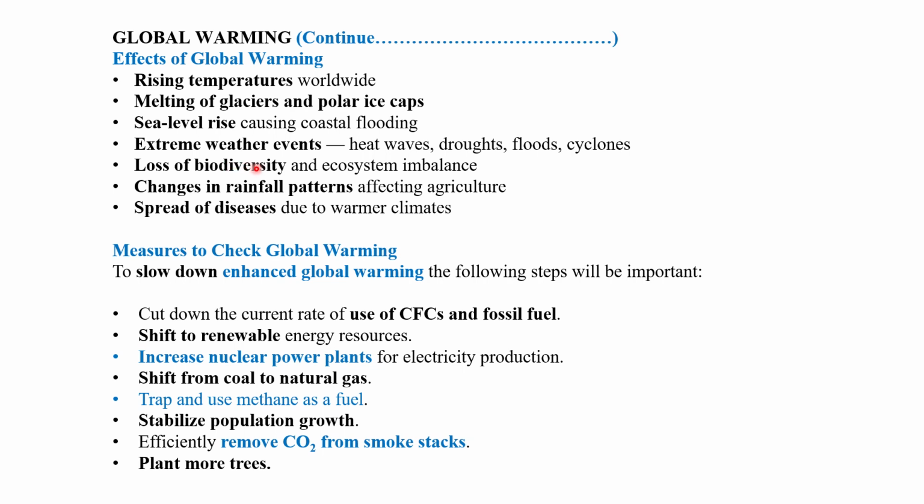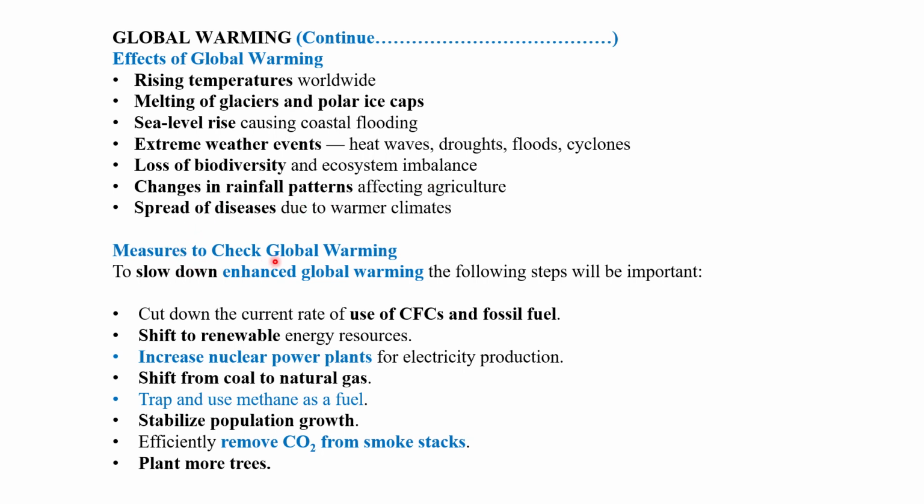Loss of biodiversity will occur and ecosystems will be imbalanced. Change in rainfall patterns will take place, which will affect agriculture. Diseases will also spread due to warmer climates. So these are the effects of global warming.